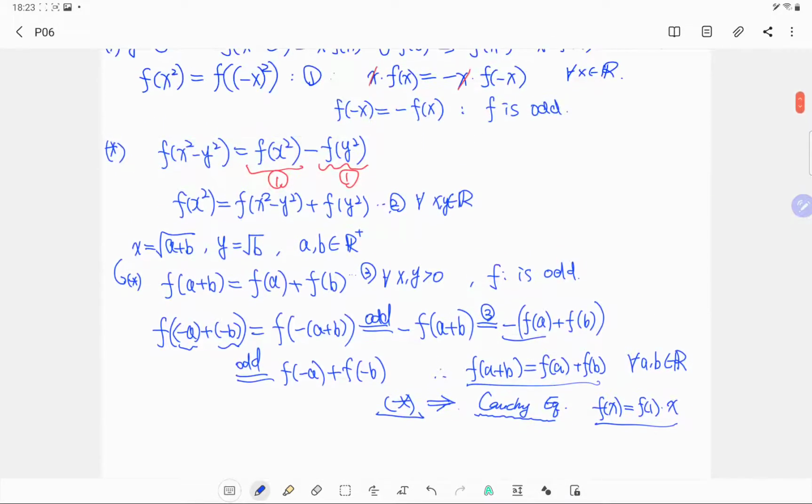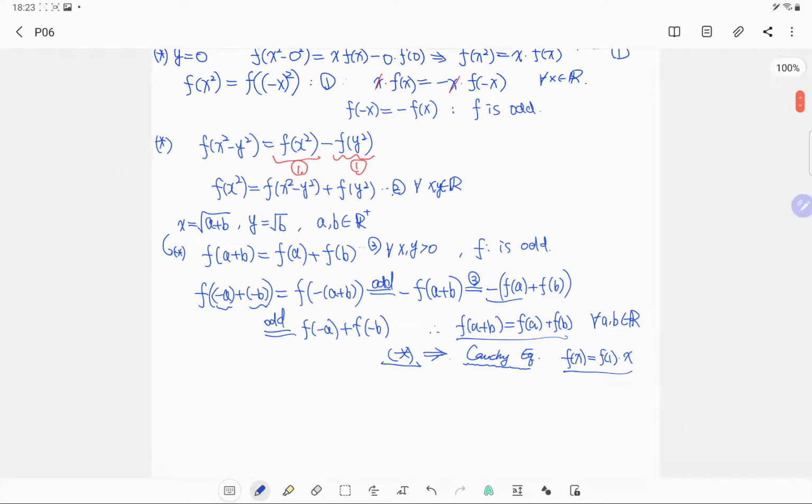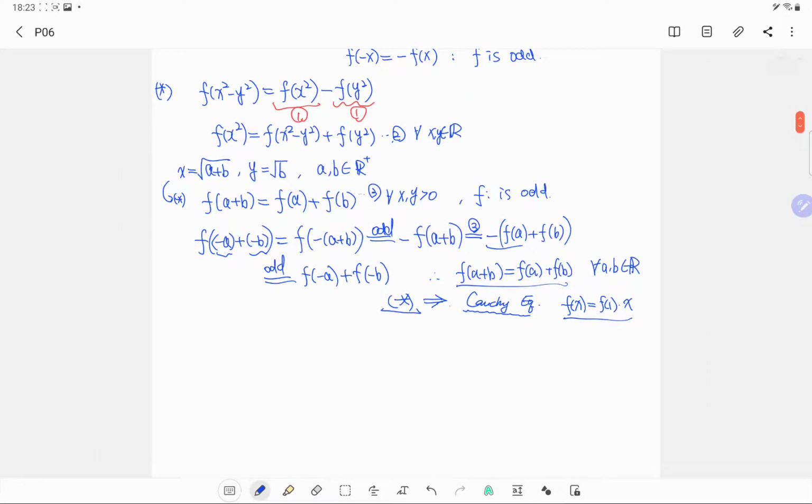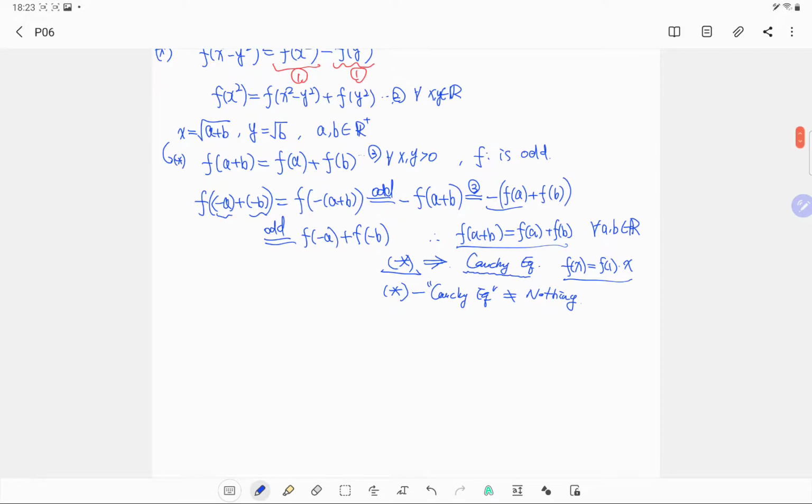But actually we can still make use of the original equation, or not rigorously writing, we can write it as, the original equation minus the Cauchy equation is not nothing. We still have something left.